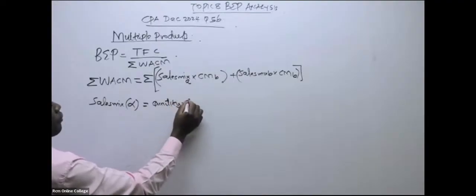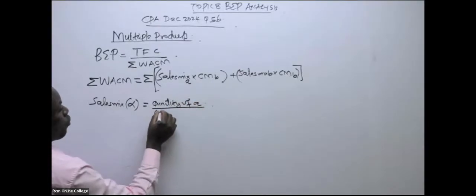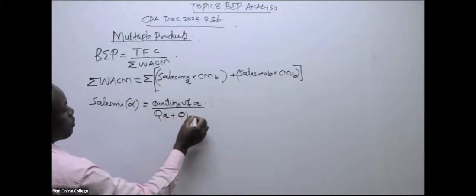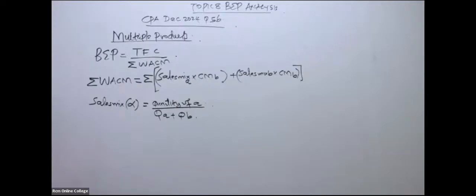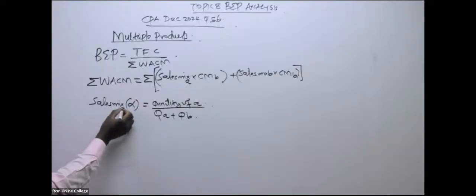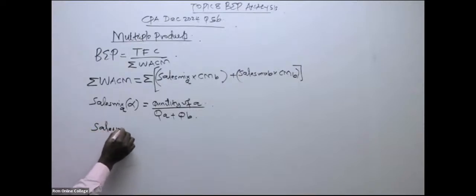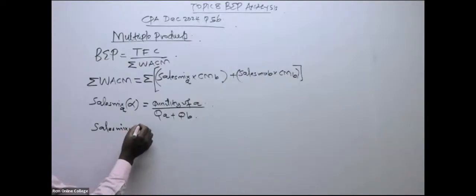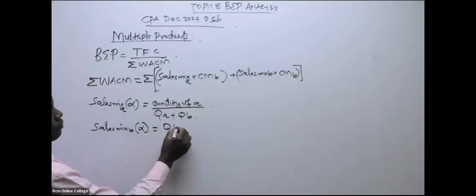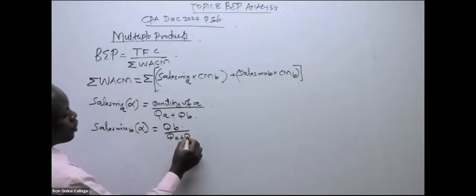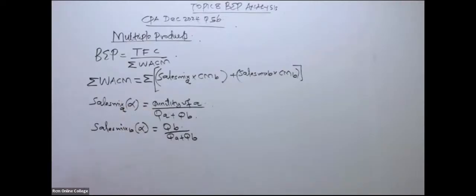It is the quantity of product A divided by quantity of A plus quantity of product B. That will give us the sales mix ratio of product A. If I want the sales mix ratio of product B, that is alpha of B, it is equal to quantity of B divided by quantity of A plus quantity of B. So that will give us the sales mix ratio.